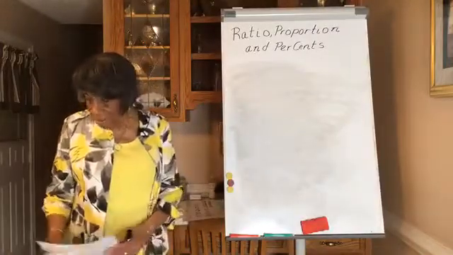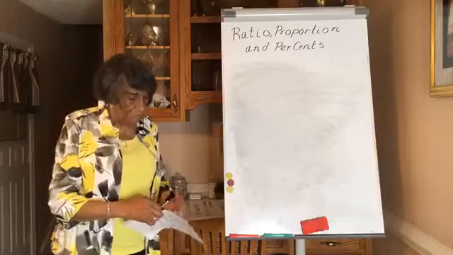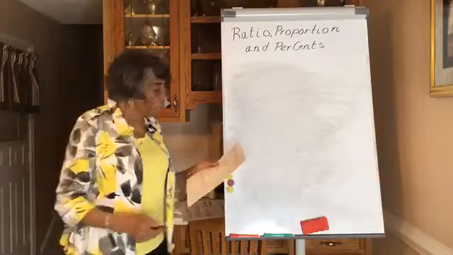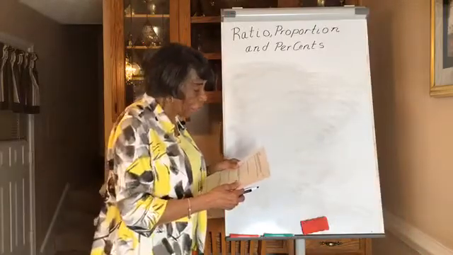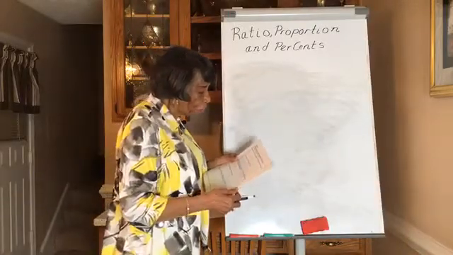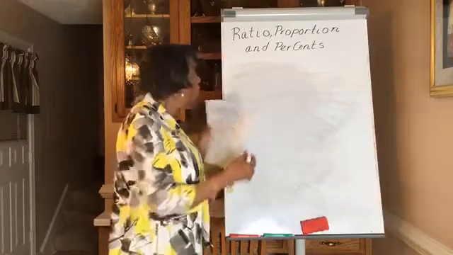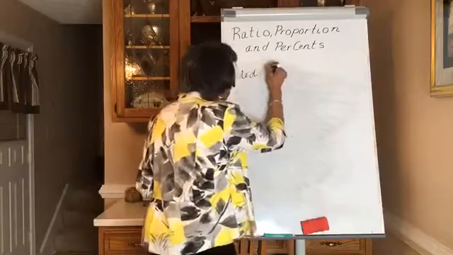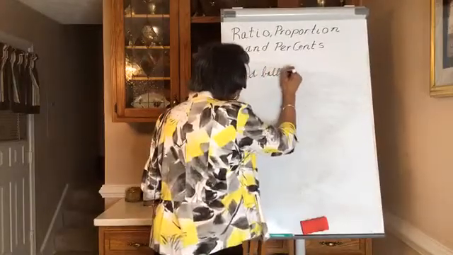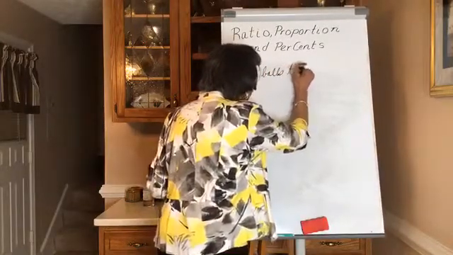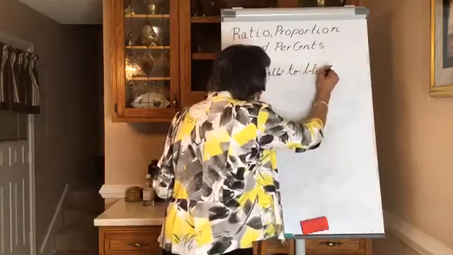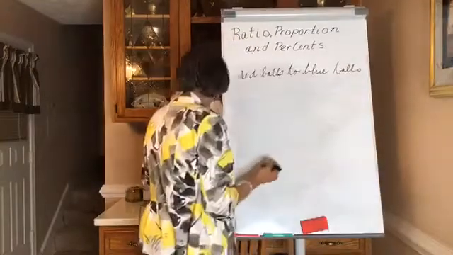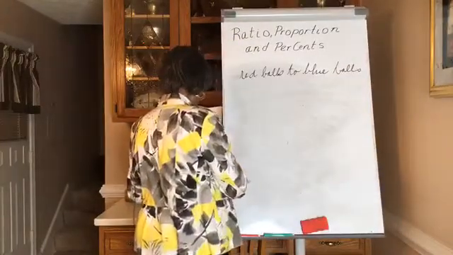Okay, let's look at a problem. And I'm not going to write the entire problem. I want to read it, and I want you to make it make sense. Write a ratio for red balls to blue balls. Okay, so you're given this information.